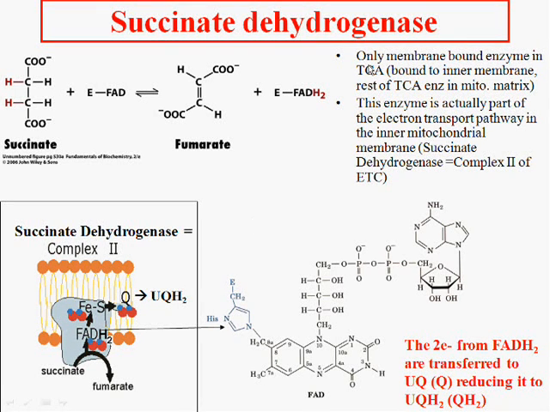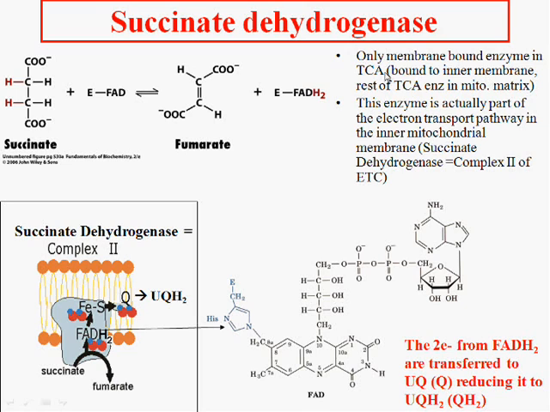Also very important, because succinate dehydrogenase is a part of the ETC, the enzymes of the ETC are found in the inner mitochondrial membrane. The complexes of the ETC are bound to the inner mitochondrial membrane. So succinate dehydrogenase, because it is complex 2 of the ETC, is also bound to the inner mitochondrial membrane.